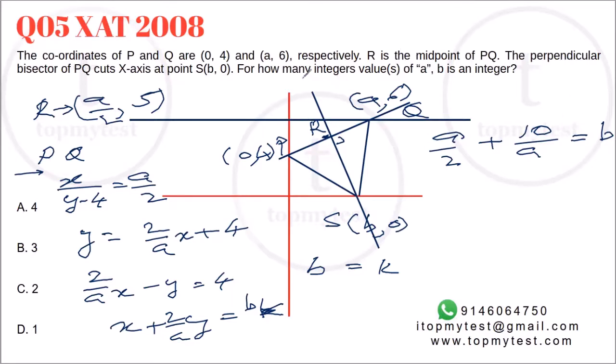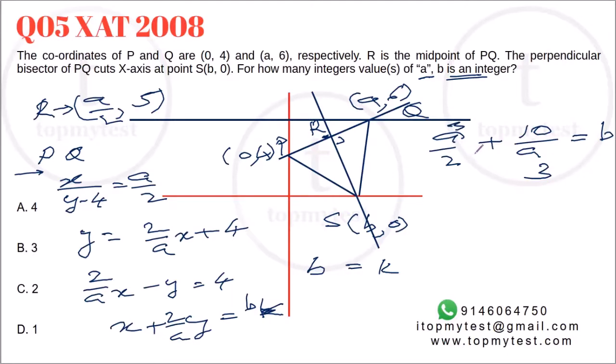Now we need to find out for how many integer values of a is b also an integer. If you observe carefully, for b to be an integer, a has to be an even number, because if a is an odd number, let's say 3, this will be 3/2. This is a fraction.